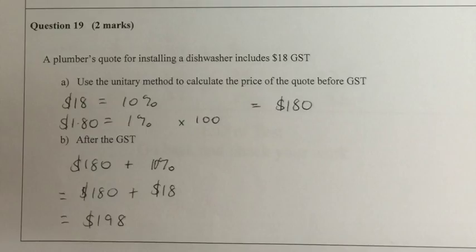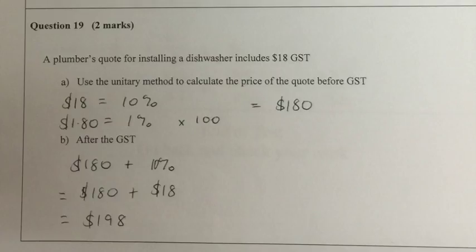To find the unit means 1, so we're looking for 1%. To find 1%, we divide by 10, so $1.80 equals 1%. Now to find 100% of the price, we multiply by 100. So $1.80 times 100 equals $180. So the cost before GST is $180.